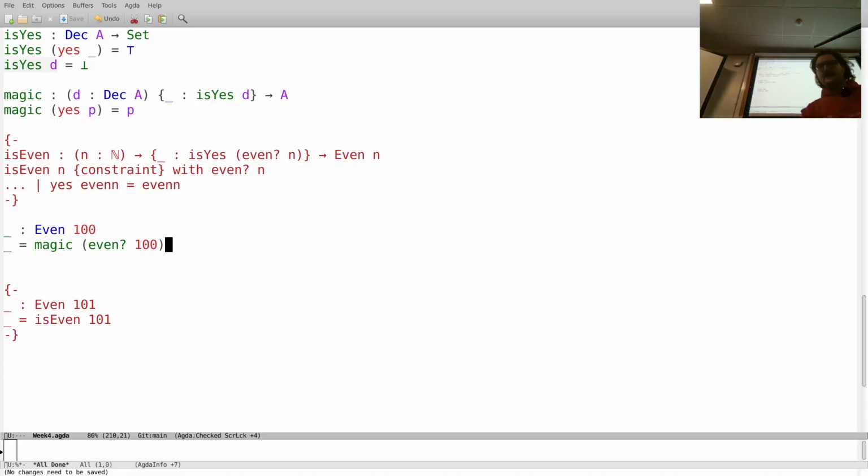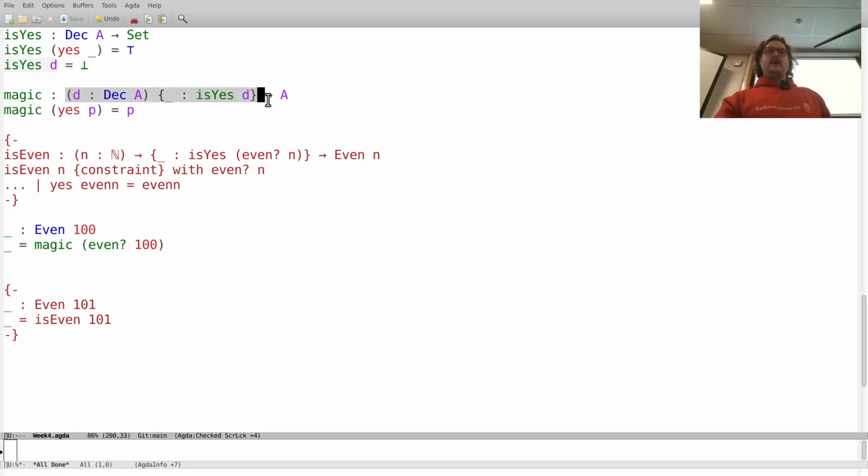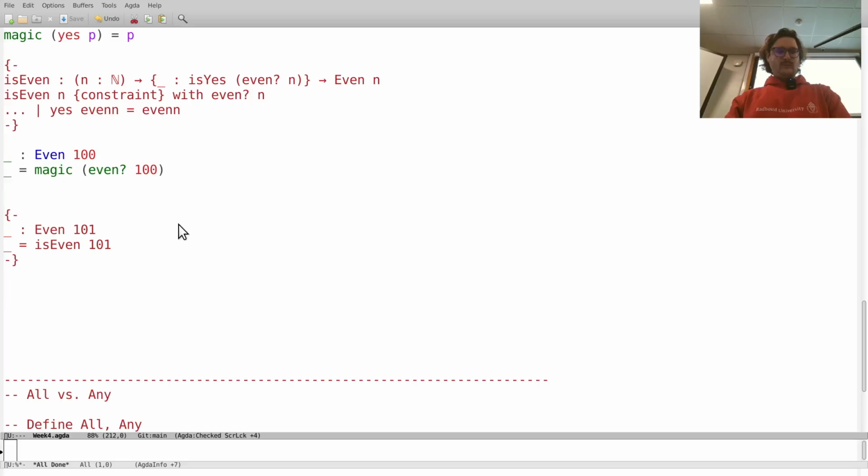So this is the essence of this proof principle. If you know that you can decide a problem, then you can actually get proofs for free on concrete values by running the decision procedure and observing that it's indeed returning a positive answer.